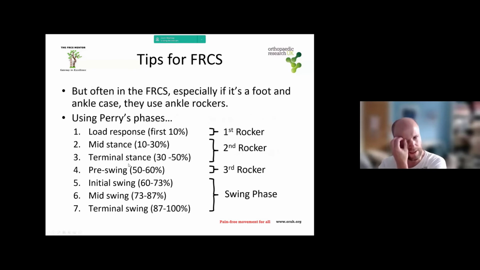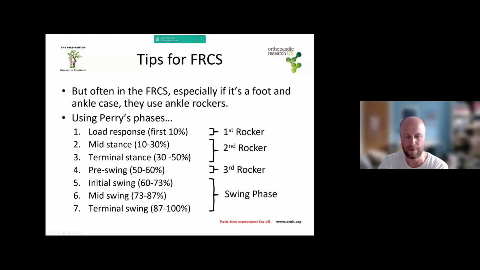However, most of the time, certainly if you're doing foot and ankle clinical vivas or with a non-gait surgeon, they talk about rockers. We've mentioned these already. So you've got your first rocker, which is during load response, actually only the first half of load response, and that's your ankle going from neutral to plantar flexion, eccentric contraction of tibialis anterior. Your second rocker, which is a big chunk, 40%.